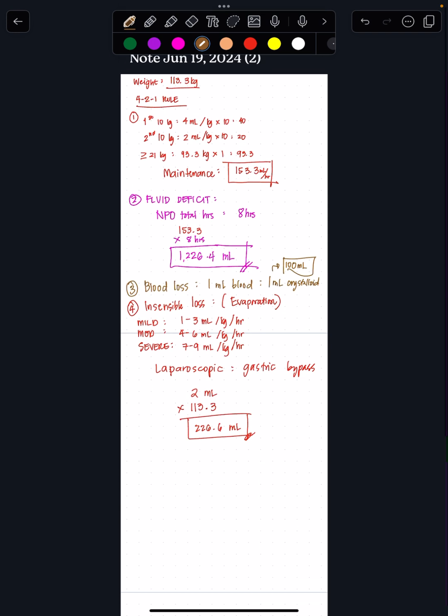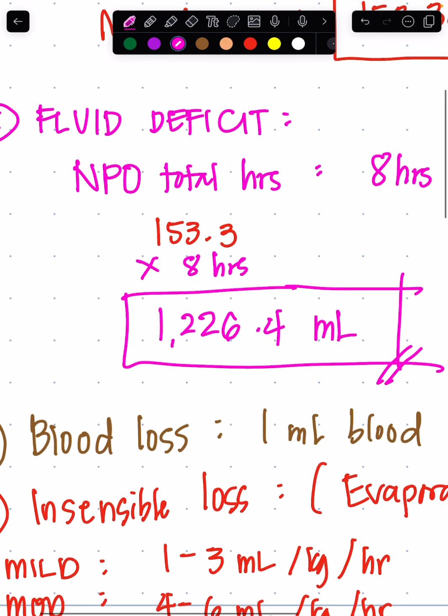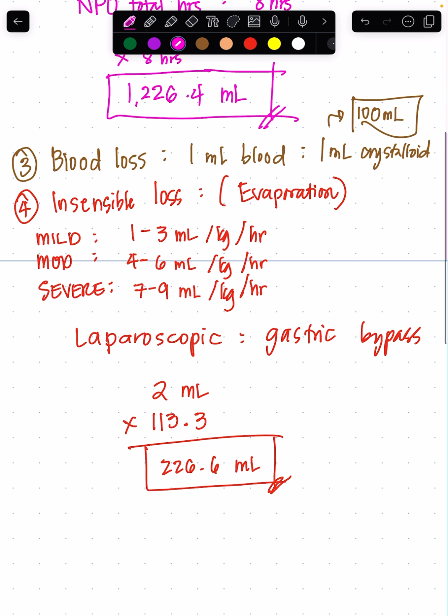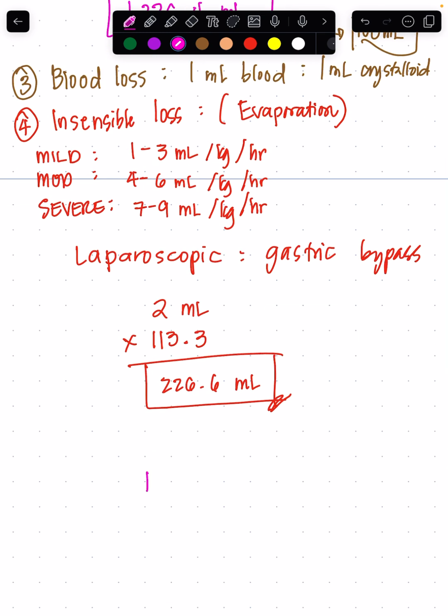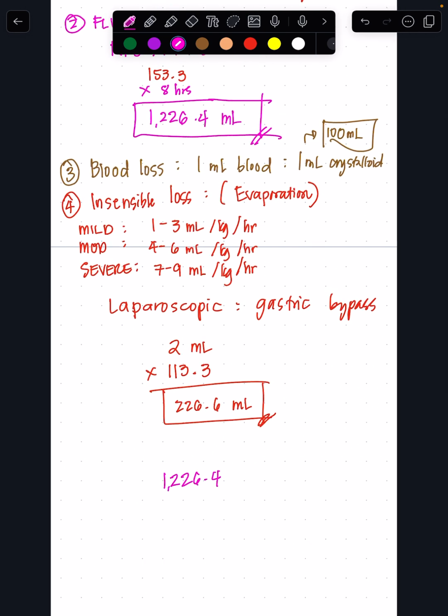First, to calculate how much we will be giving our patient, we need to again refresh your memory of our fluid deficit, which is 1226.4 ml.